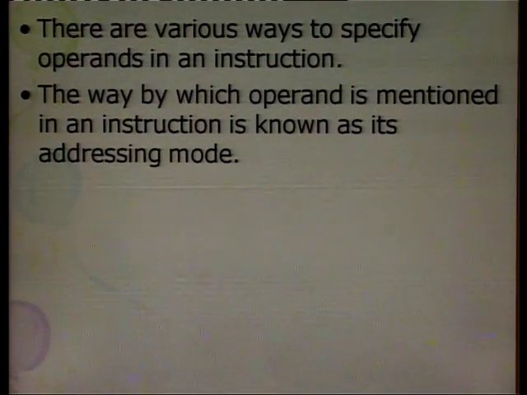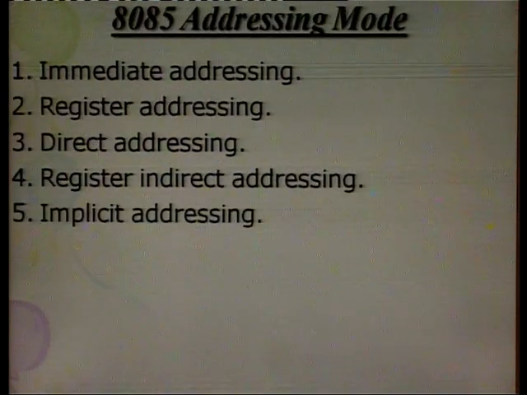There are valid ways by which we mention an operand, and we can't go against those ways. The valid way by which we mention an operand in an instruction is known as its addressing mode.